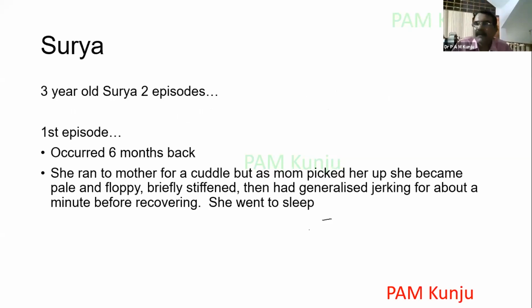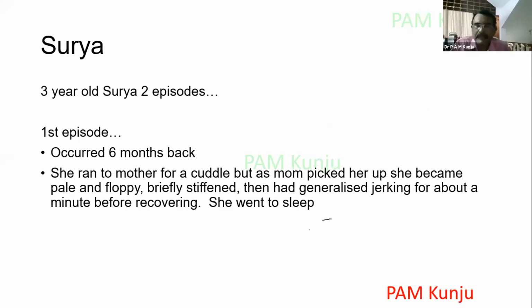Okay. Now we'll go to the next scenario. 3-year-old Surya had 2 episodes. First episode occurred 6 months back. She ran to mother for a cuddle, but as mom picked her up, she became pale and floppy, briefly stiffened, then had a generalized jerking for a minute. Then she went to sleep.